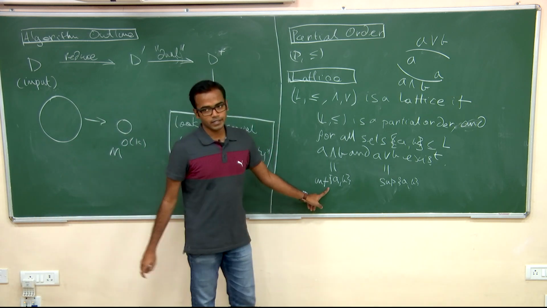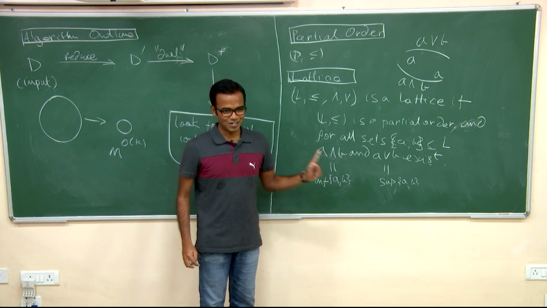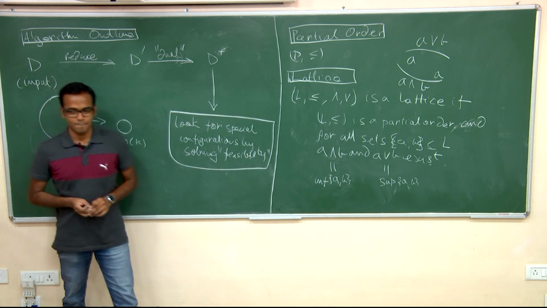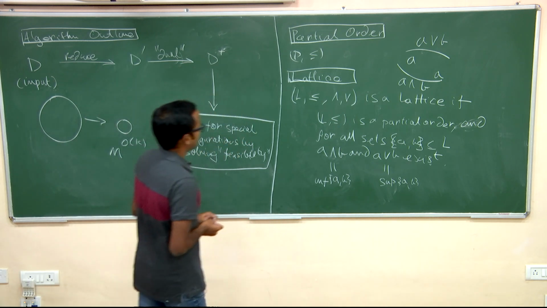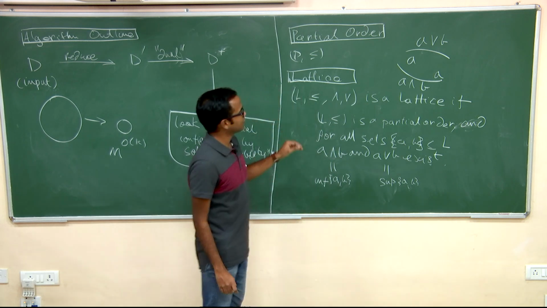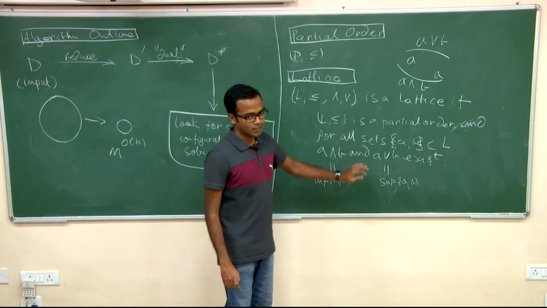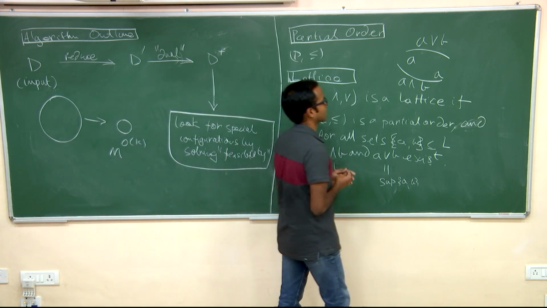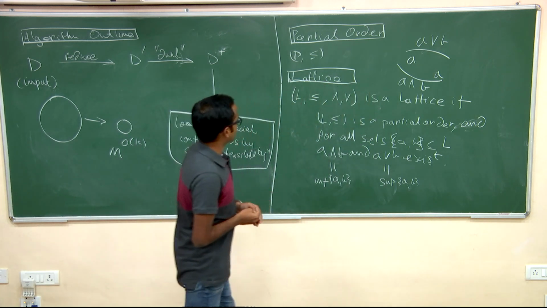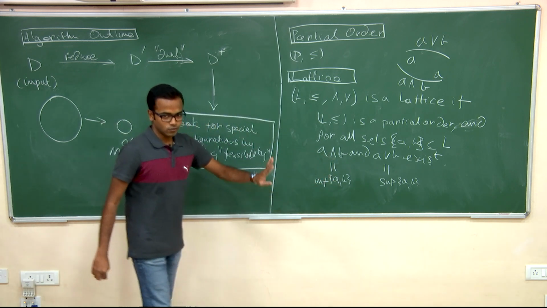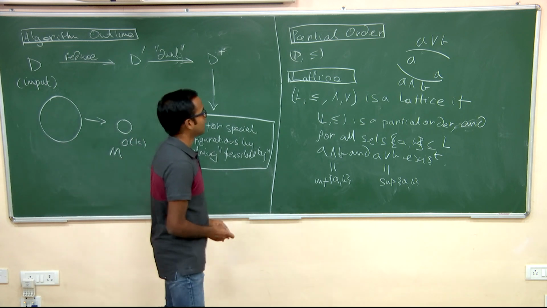If this quantity exists, it is one quantity, not a set. So that's the difference between a general partial order and a lattice. These things need to exist. So that's what a lattice is. Two elements, not more than two, not less than two.